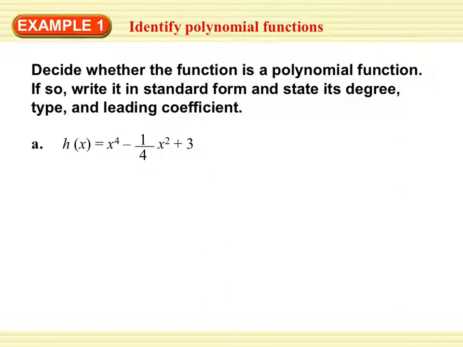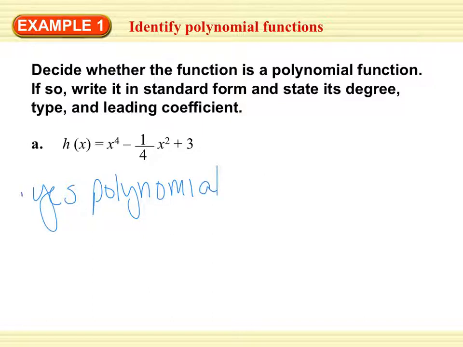Decide whether the function is a polynomial function. If so, write it in standard form and state its degree, type, and leading coefficient. That chart that we just went through is pretty helpful here. So looking through here, I've got x to the fourth minus 1/4 x squared plus 3. This is a polynomial function because it satisfies the definition that we just went through.